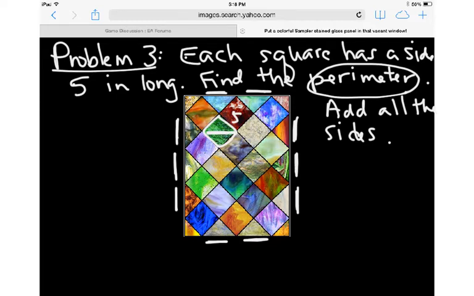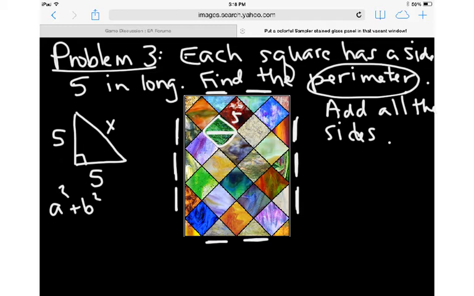Well, remember that not only do squares have all the side lengths being the same, but all the angles are 90 degrees. So if I want to find the diagonal of a square, I'm going to use the Pythagorean theorem. The Pythagorean theorem was the one that said a squared plus b squared equals c squared, and c has to be the hypotenuse of the triangle.